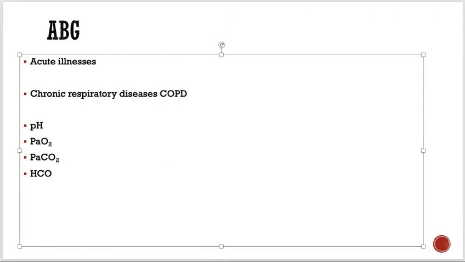Now, guys, to understand this completely, you must have at least a good concept about acid-base balance and imbalance: what is acidosis, what is alkalosis, what is respiratory acidosis, respiratory alkalosis, metabolic acidosis, and metabolic alkalosis. Of course, the lungs and the kidneys are the most important organs which play a role in maintaining these balances.